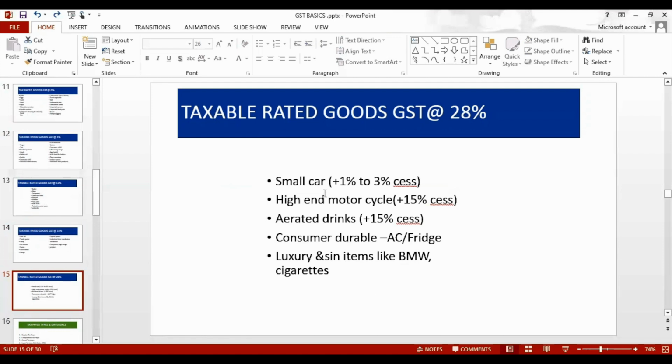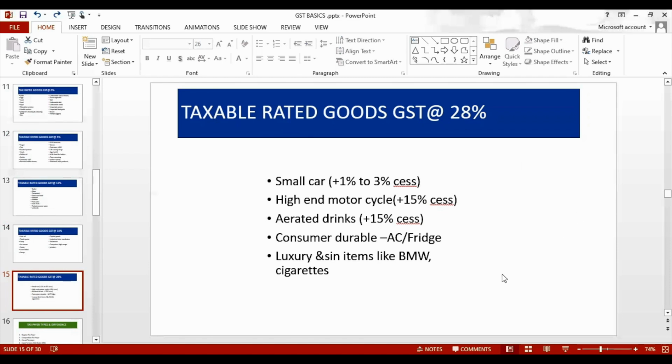For example, small cars, high-end motorcycles, luxury items like BMW cars, cigarettes, and beverages. Along with the tax, some cess amount will also be charged, between 1 to 3% for small cars, and for high-end motorcycles 15% plus cess.